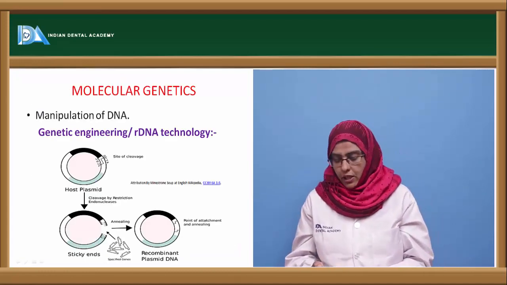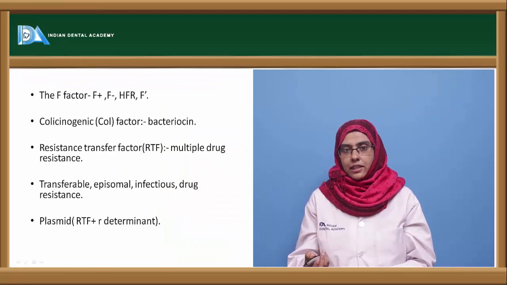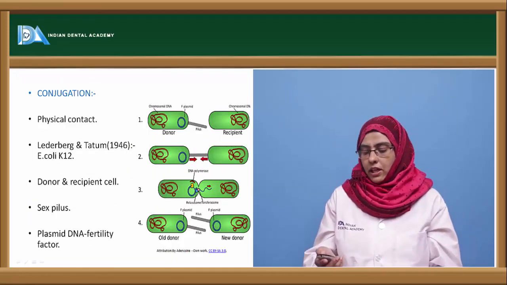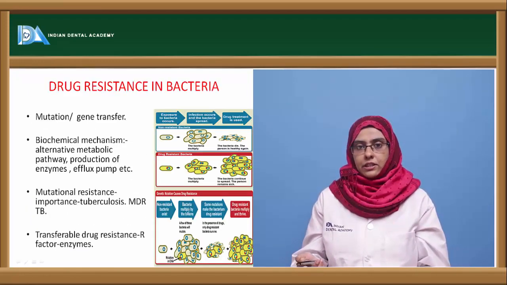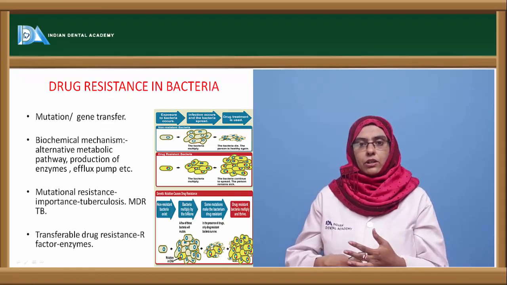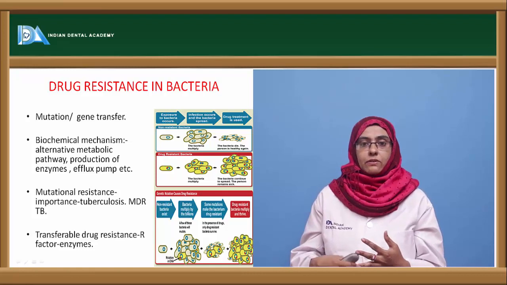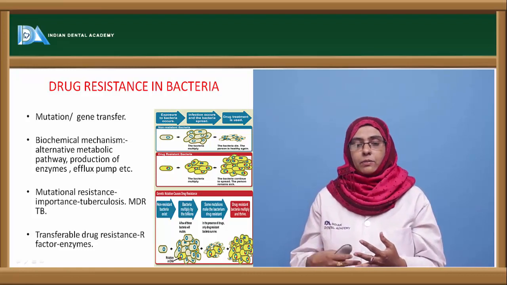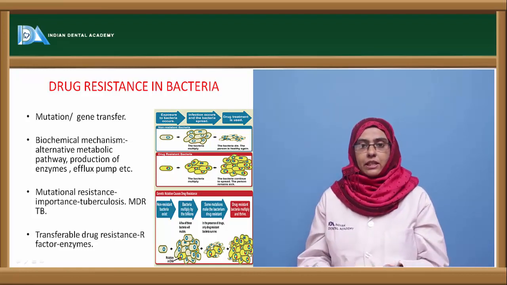So this is all about the classical genetics that we have dealt with, and the components of genetics usually seen in bacteria. We have seen what a DNA molecule is and how it replicates, what a gene is, what the genetic code is, and how proteins are synthesized from the DNA molecule.